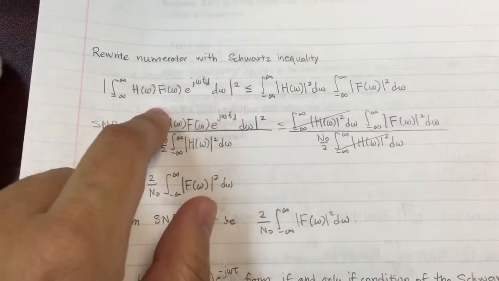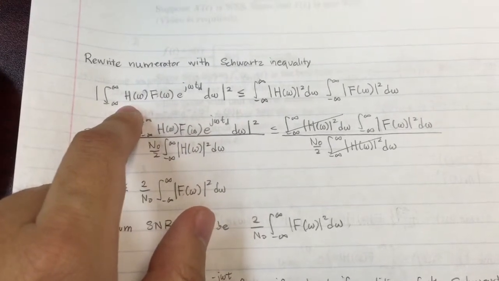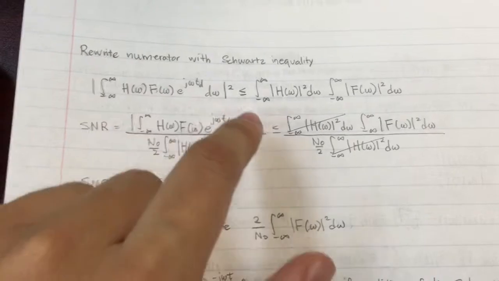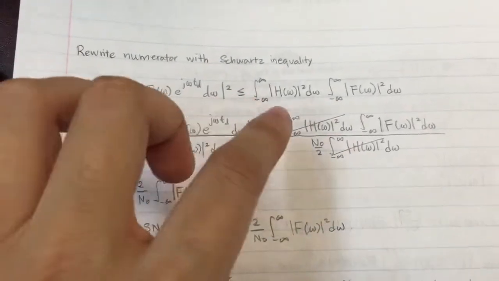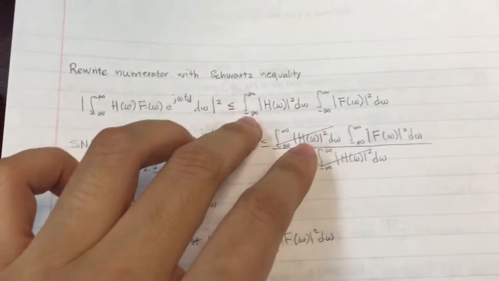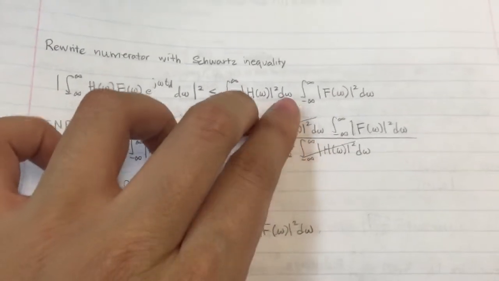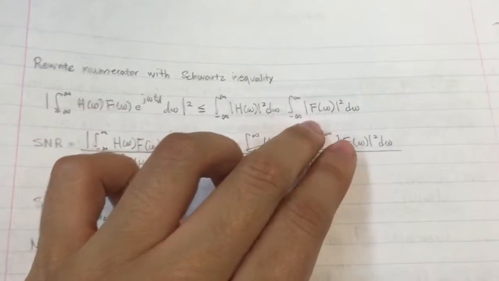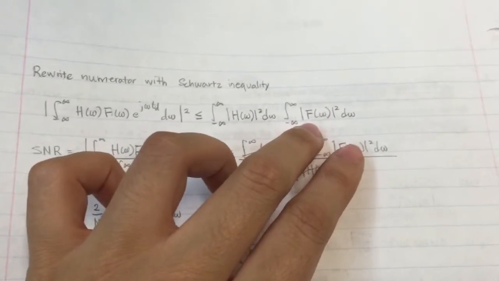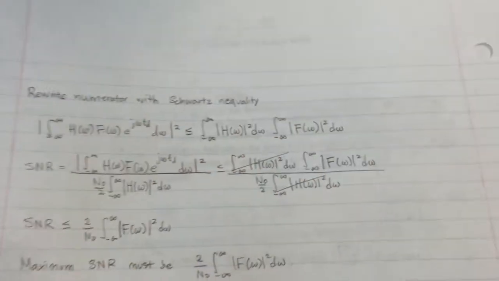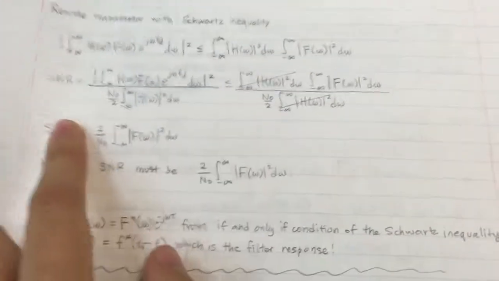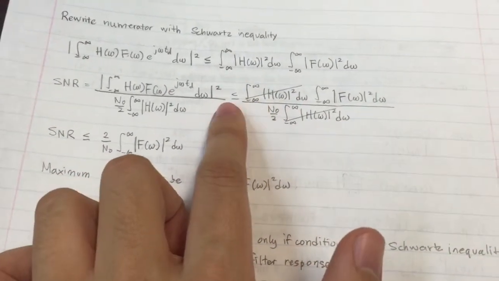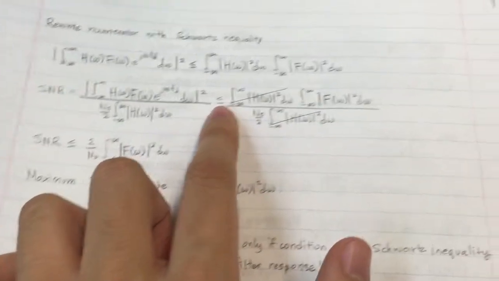So the absolute value squared of the integral of H(omega) times F(omega) is less than or equal to the integral of absolute value squared H(omega) times the integral of absolute value squared of F(omega). Then we rewrite the SNR equation with the Schwarz inequality, remembering that this is less than or equal to.